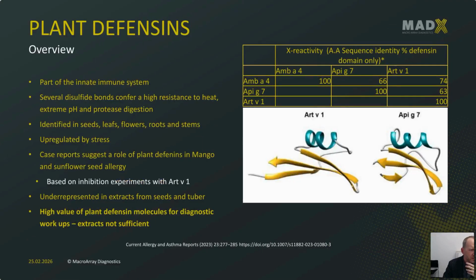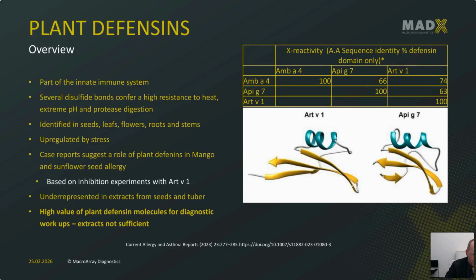So plant defensins, very briefly, are part of the plant's innate immune system. As we said, they've got disulfide bonds that confer high resistance to heat, pH, digestion, and protease digestion. They're identified in many different plants, and they're typically upregulated by stress.